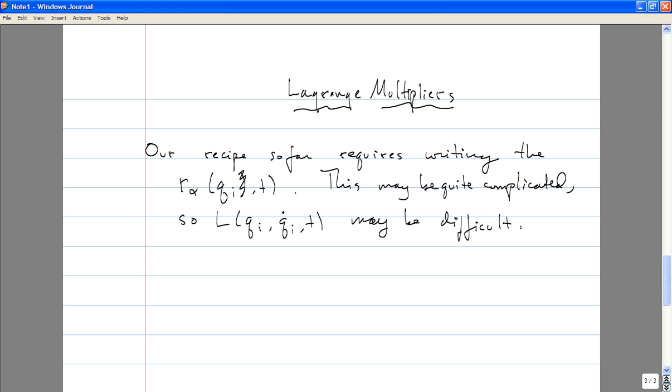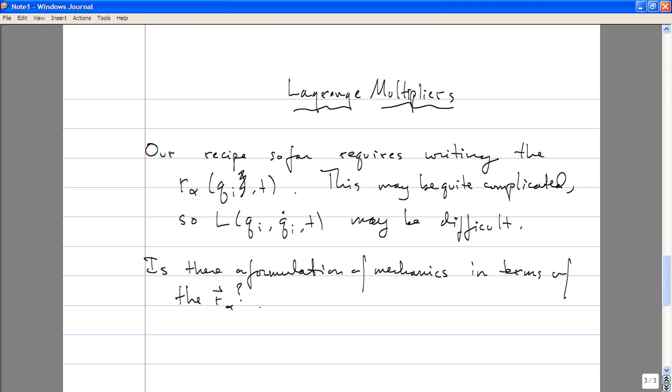And so what I ask is whether there is a formulation of the action principle directly in terms of the r_alphas.